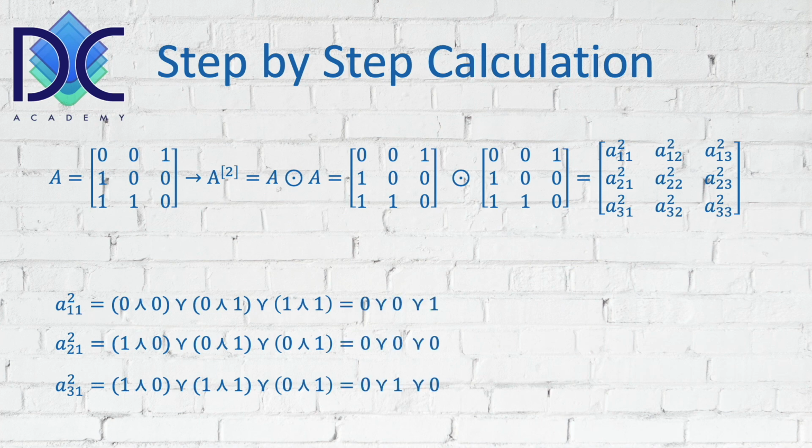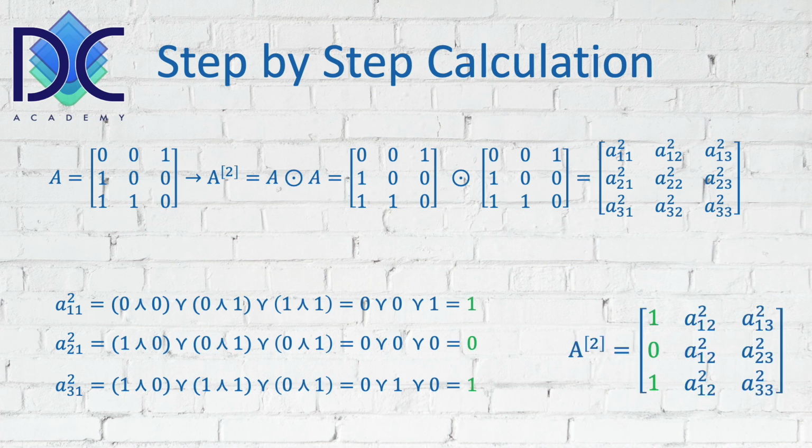And now we can calculate for those. We can apply the operation between the brackets first. So we have 0 or 0 or 1. We have 0 or 0 or 0. And we have 0, 1 or 0. And basically get the first elements of the first column, which gives us 1, 0, 1.